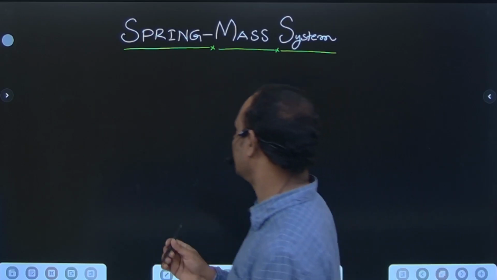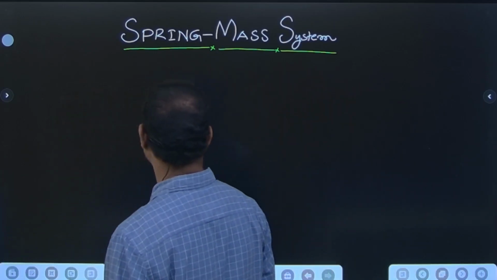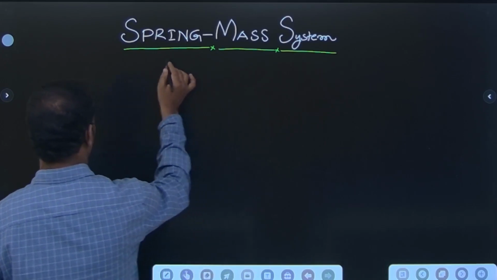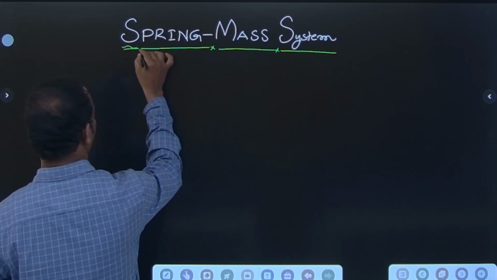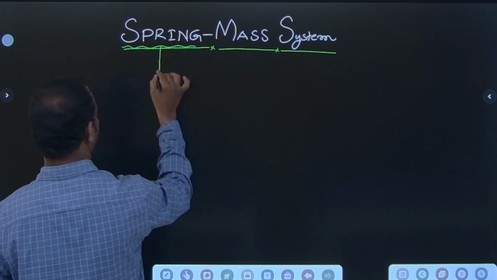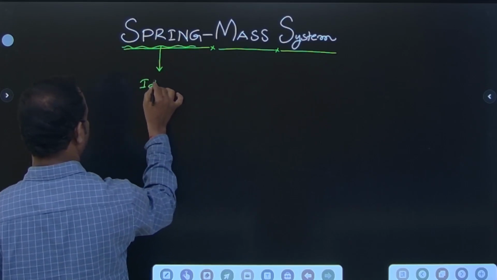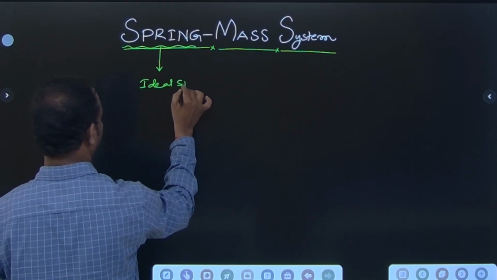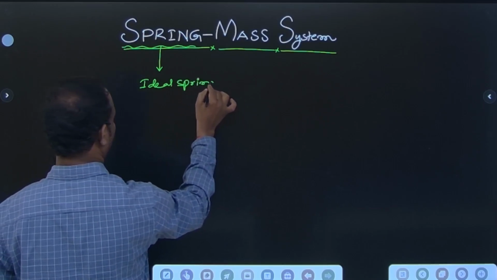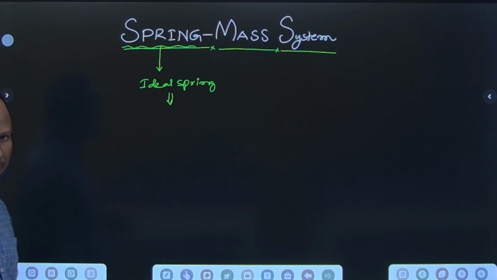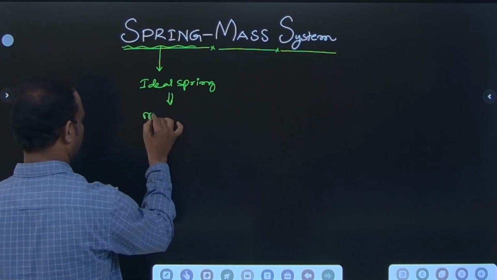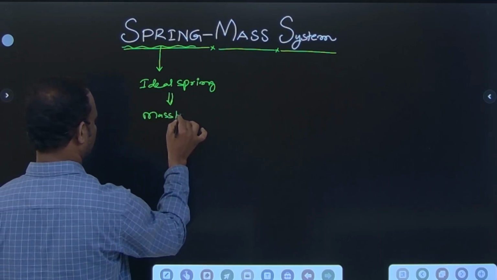Okay, so first, if you talk about this spring, I'm talking about this spring. It's an ideal spring, and an ideal spring is massless.